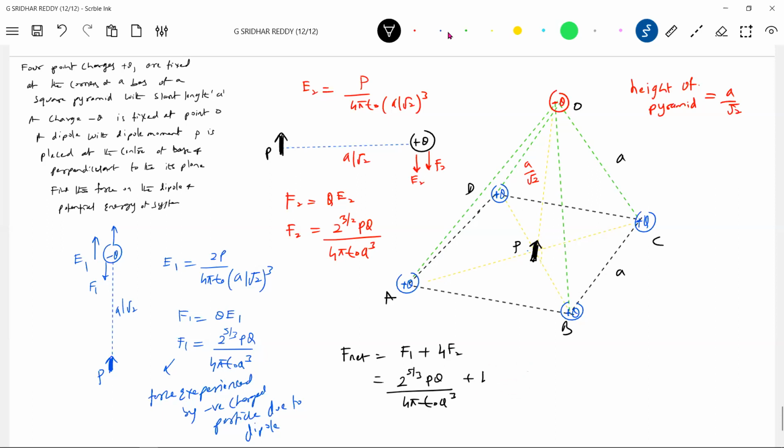Four times. Okay, solving this, I think PQ by 4 pi epsilon naught, a Q will take outside. This will be 2 square, 2 square again.